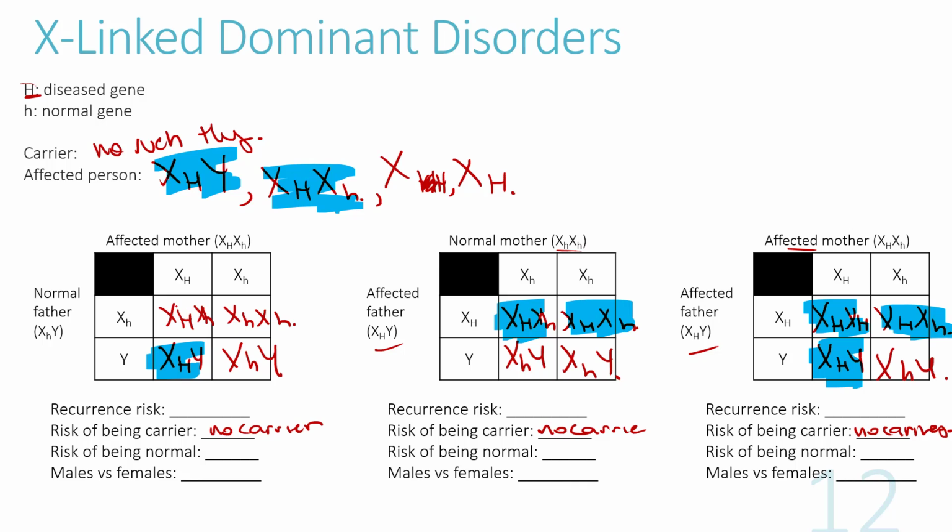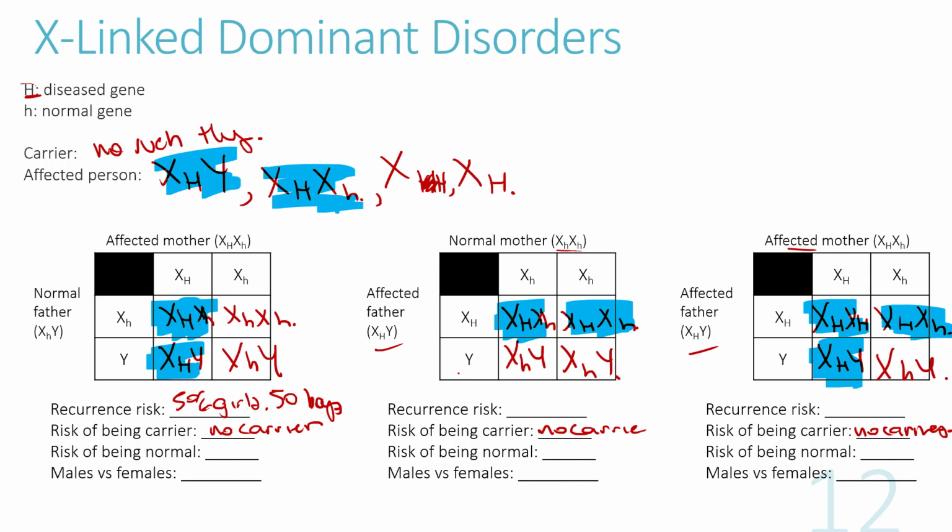All right, and then that as well. Okay, so recurrence risk, if you have an affected mother and normal father, recurrence risk is 50% for girls and 50% for boys.